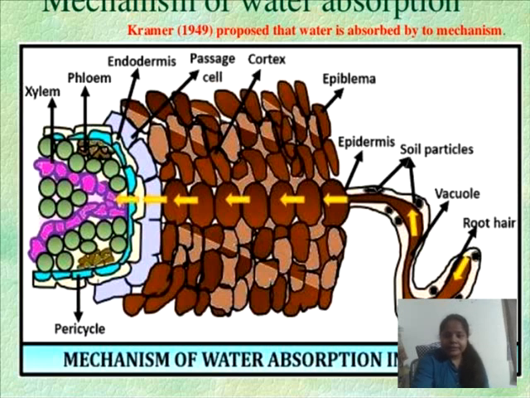The root hair cells here have more OP and less water potential. So endosmosis occurs and water moves from root hairs to epiblema, cortex cells, and then stops at the endodermis.